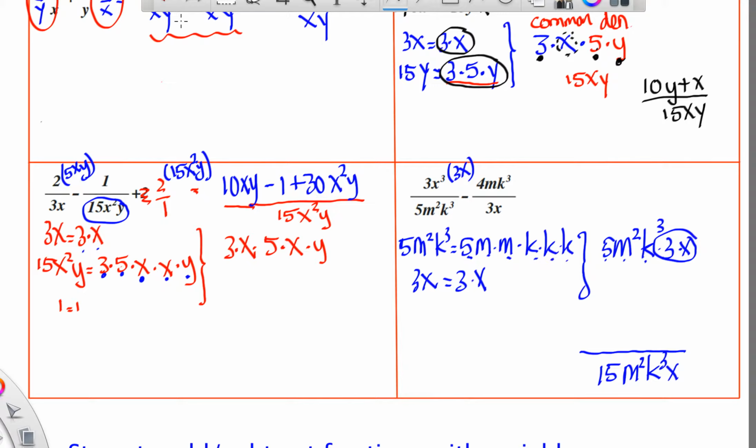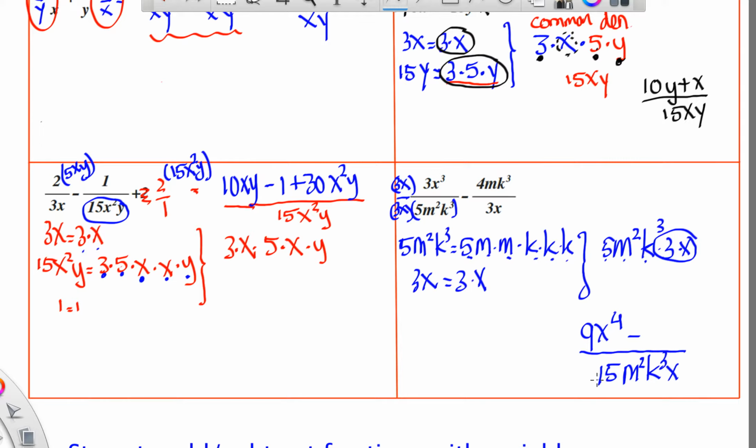Because keep in mind that really what I'm doing here is multiplying by 3x and multiplying by 3x so that in the denominator you get the common denominator, so that means you should do it in the top as well. So don't let this confuse you. 3 times 3 is 9, and then x cubed times x to the first is an x to the fourth.